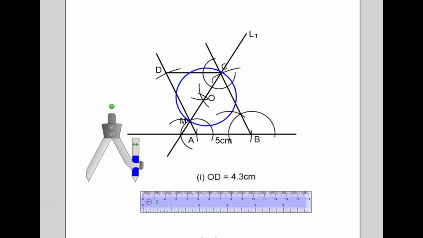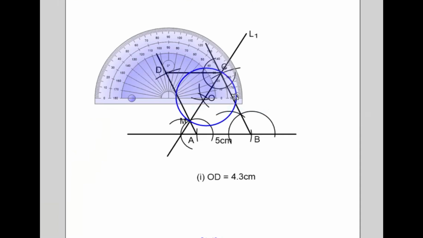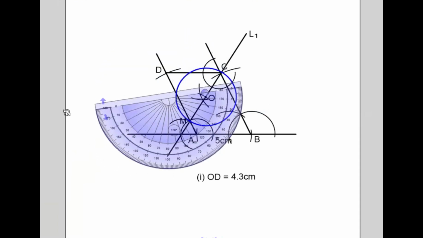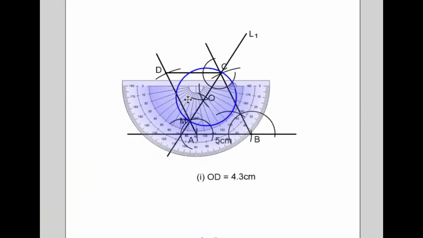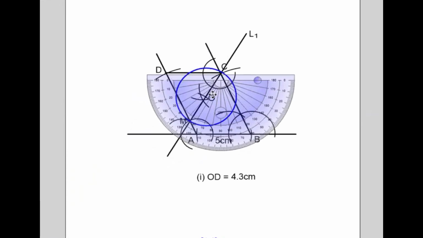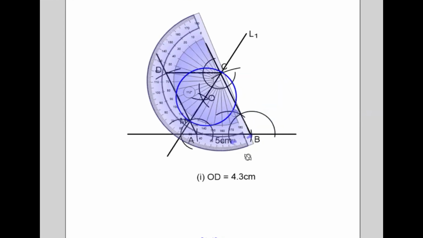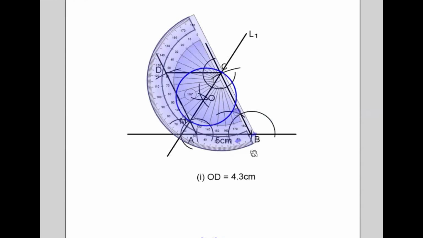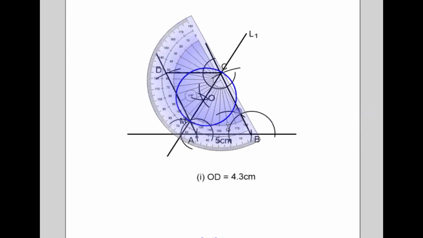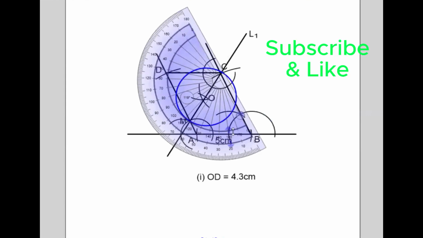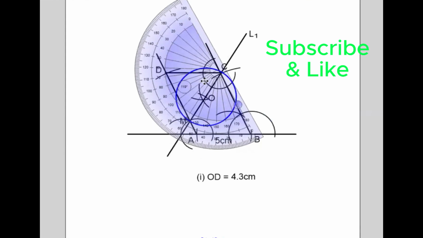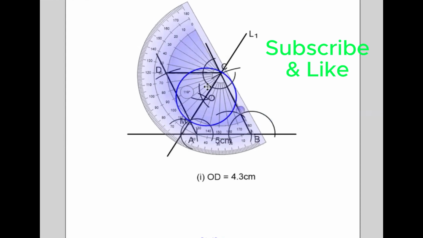So the second one we have to find is BCD. The angle here, we want to measure it. So we do that with the aid of a protractor. Ensure that these points align with line AD and the center there is exactly here.